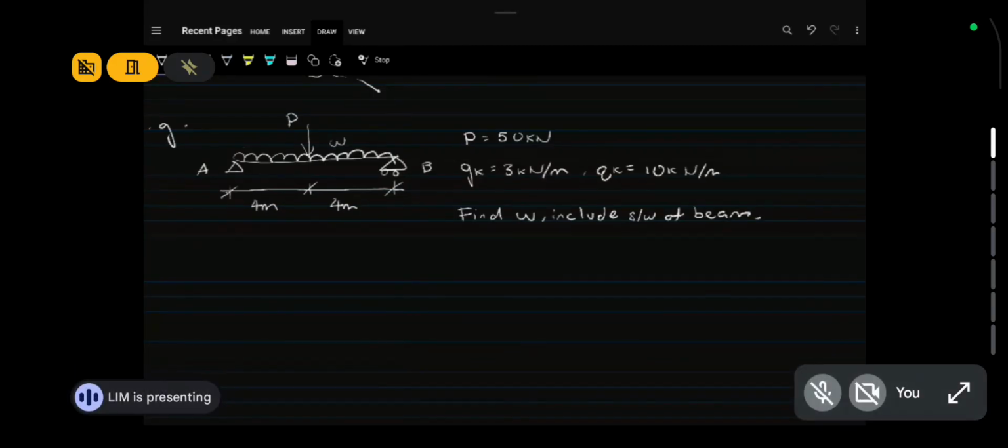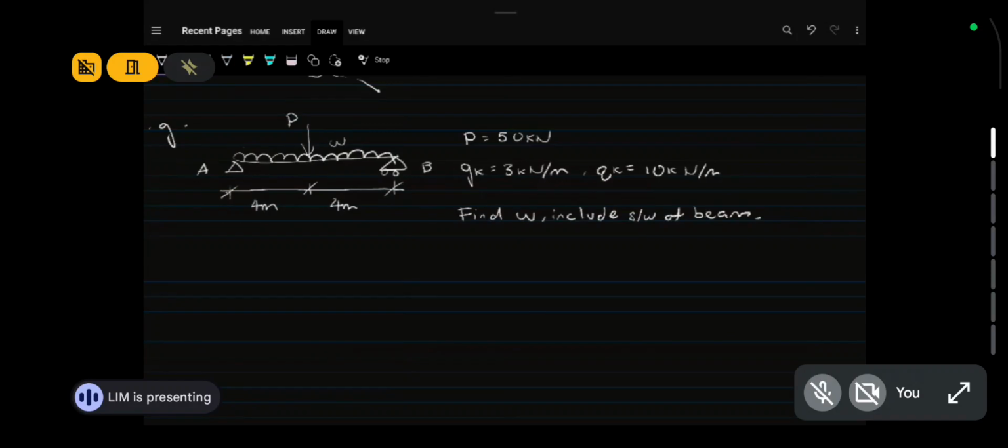Now let's finish the question first, we haven't finished it. In terms of loading, we have P equals 50, but W I haven't given you; you have to look for it. GK is 3 kilonewton per meter run. QK is 10 kilonewton per meter run. You need to find W, which is GK plus QK plus SW, self-weight of the beam.